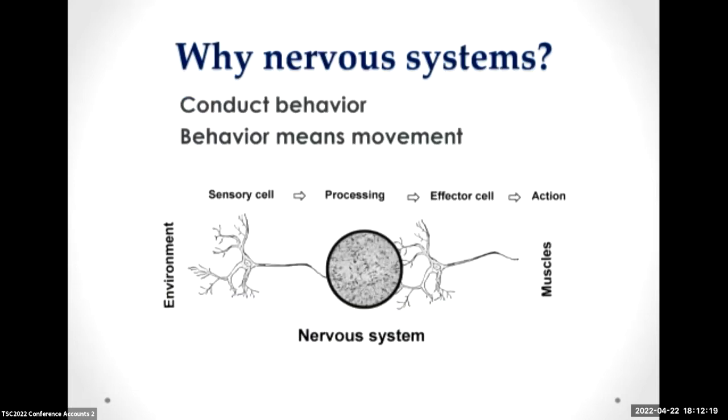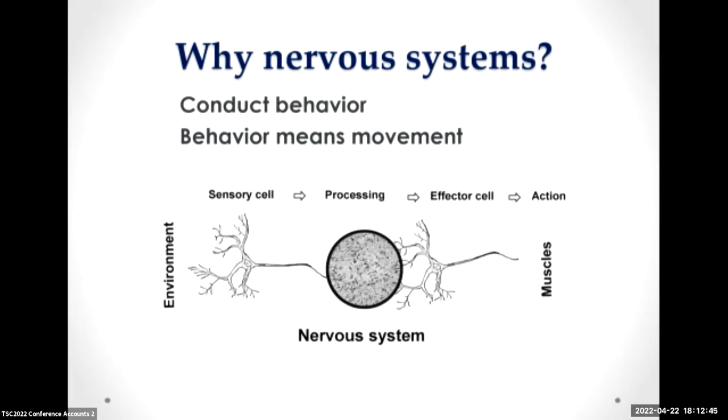And it is useful to take a short look at what nervous systems are about. Their purpose is to conduct behavior, and behavior generally just means movement. And all nervous systems are based on the same kind of template. You have a sensory arm that registers things in the environment or in the internal body.